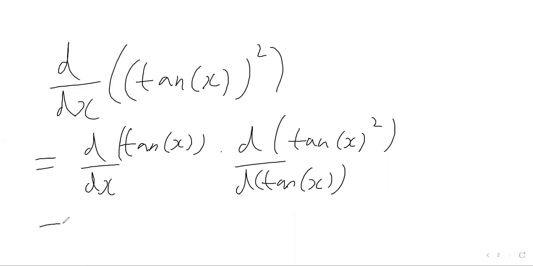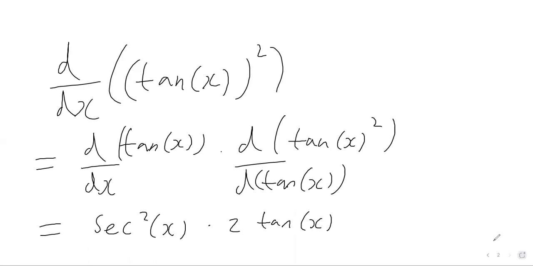And so if we do all of this, the first part is the derivative of tan, so we know that's going to be sec squared, and the derivative of the squared function, so we know that when you do the derivative of x squared, that's just 2x, so this is just going to be 2 tan of x. Okay, so perfect.